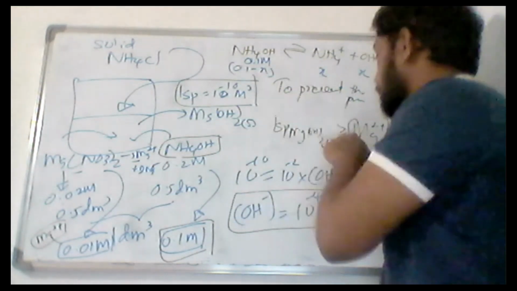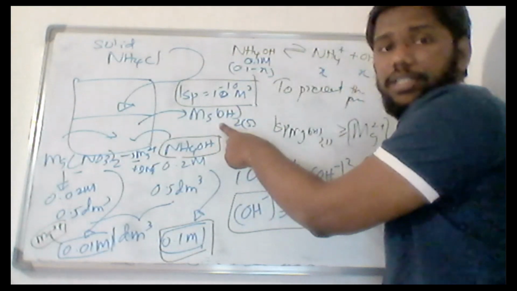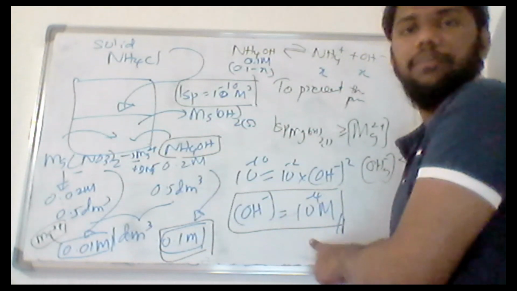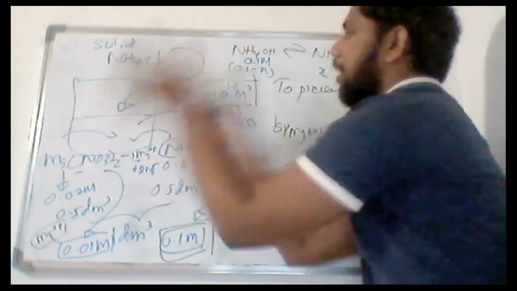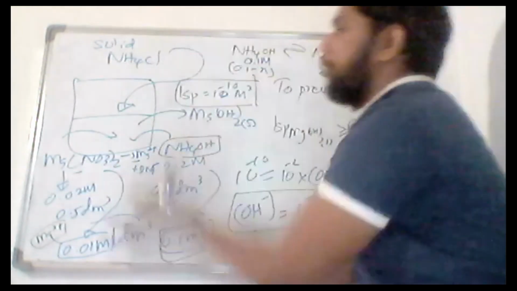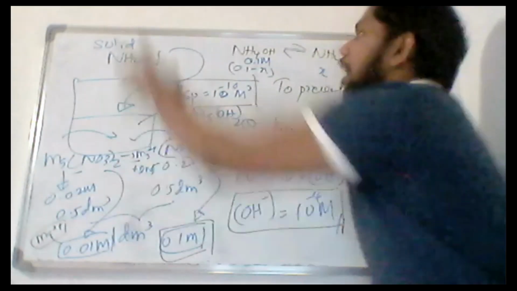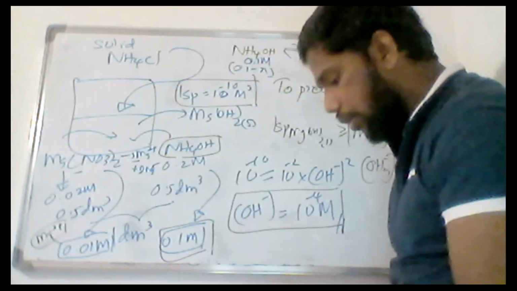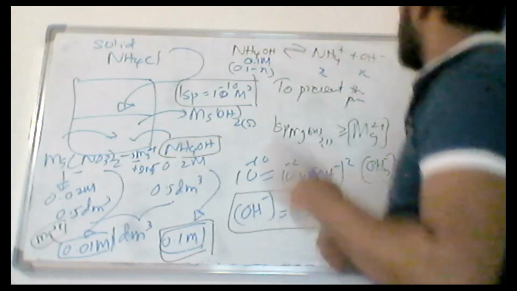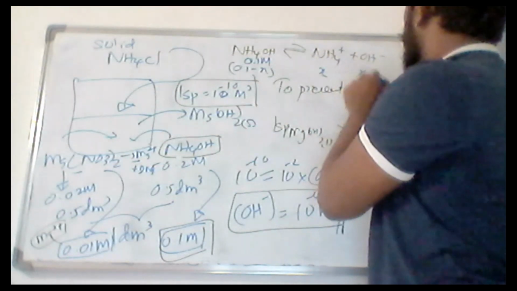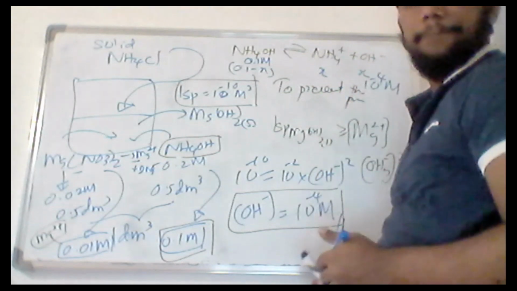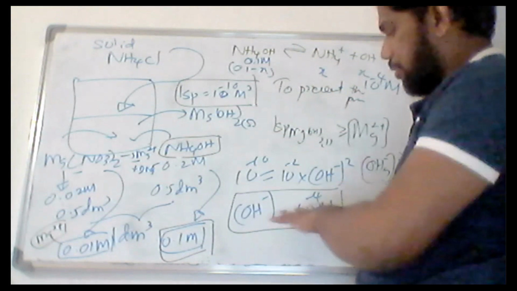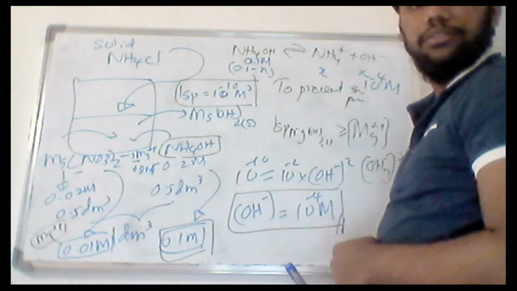But we know, in order to prevent this precipitation, how much OH minus should be present in the solution. So that is 10 to the power minus 4. So this amount of 10 to the power minus 4 should be present in this solution after the addition of NH4Cl. So according to that, this x should be 10 to the power minus 4 M, because that is the amount that should be present in the solution in order to prevent precipitation.